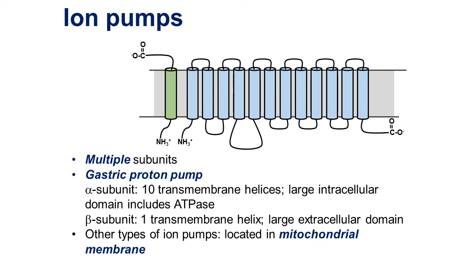So in the case of the gastric proton pump, the alpha subunit contains 10 of these transmembrane helices, and a large intracellular domain contains the ATP hydrolysis domain. By contrast, the beta chain of the gastric ATPase contains only a single transmembrane helix and a relatively large extracellular domain.